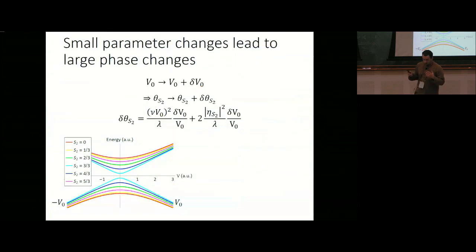And let's think about real life. In real life, I do a cycle, another cycle, another cycle. I don't follow exactly the same procedure. I have small fluctuations. I don't start at voltage minus V node, I start at voltage minus V node plus delta V node. Or maybe the tunneling amplitude is slightly different.